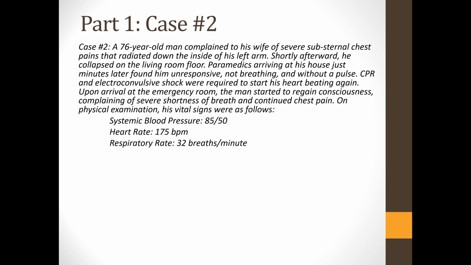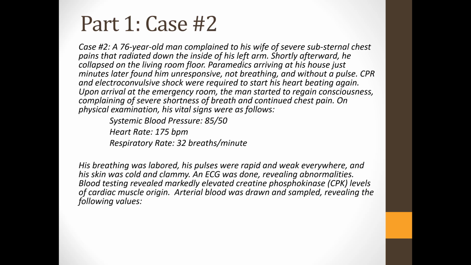His systemic blood pressure was 85/50, his heart rate was 175 beats per minute, and his respiratory rate was 32 breaths per minute. His breathing was labored, his pulse was rapid and weak everywhere, and his skin was cold and clammy. An ECG was done, revealing abnormalities.